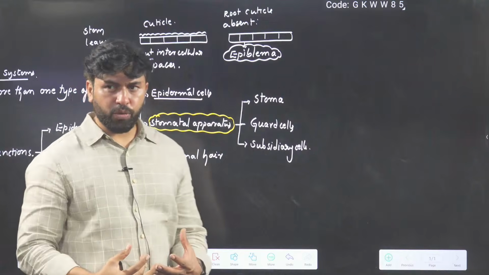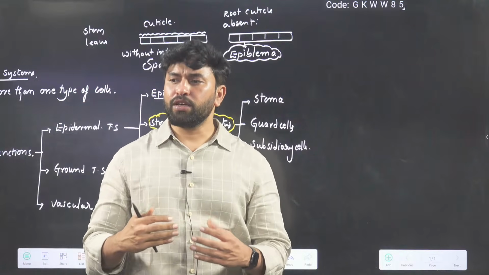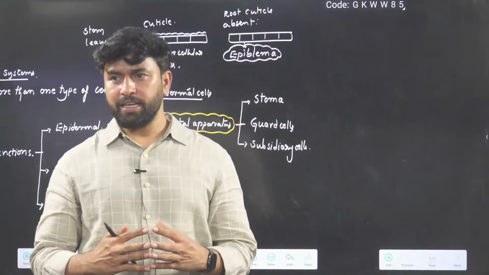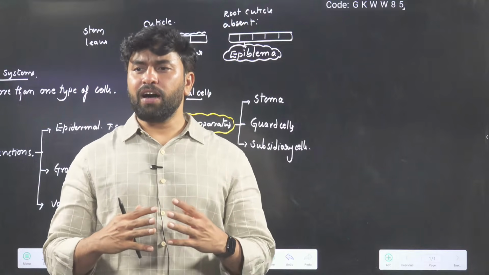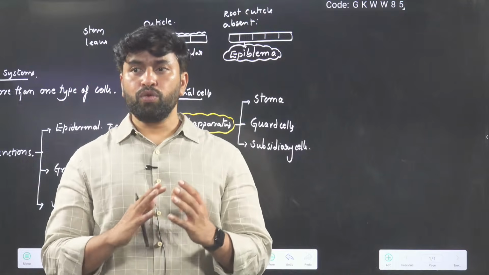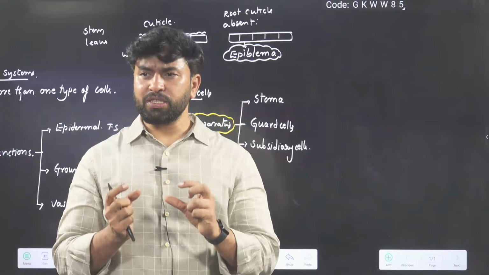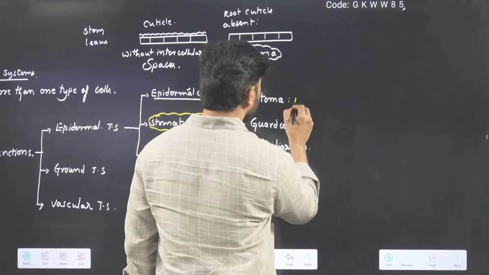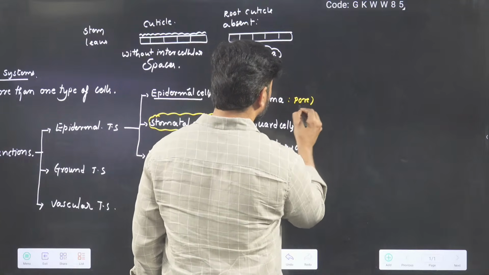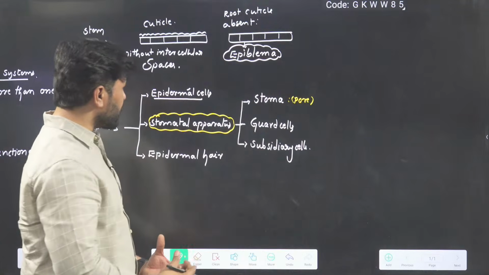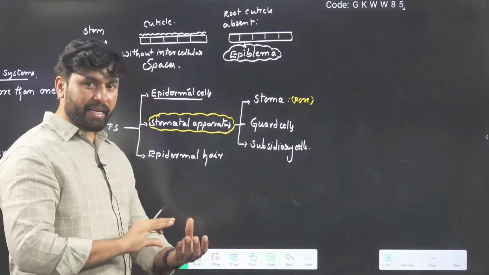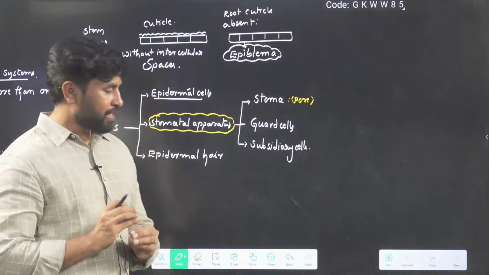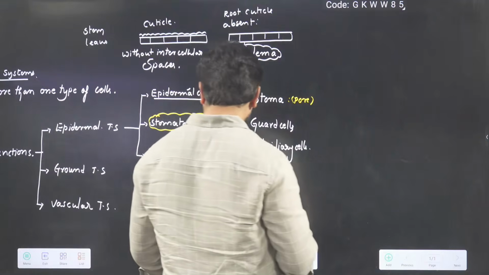Apparatus means equipment. This equipment is a kind of operative mode for opening and closing of a special place called stoma. Stoma in Latin means pore. Observe how the pore is formed and how the opening and closing of the pore is regulated.